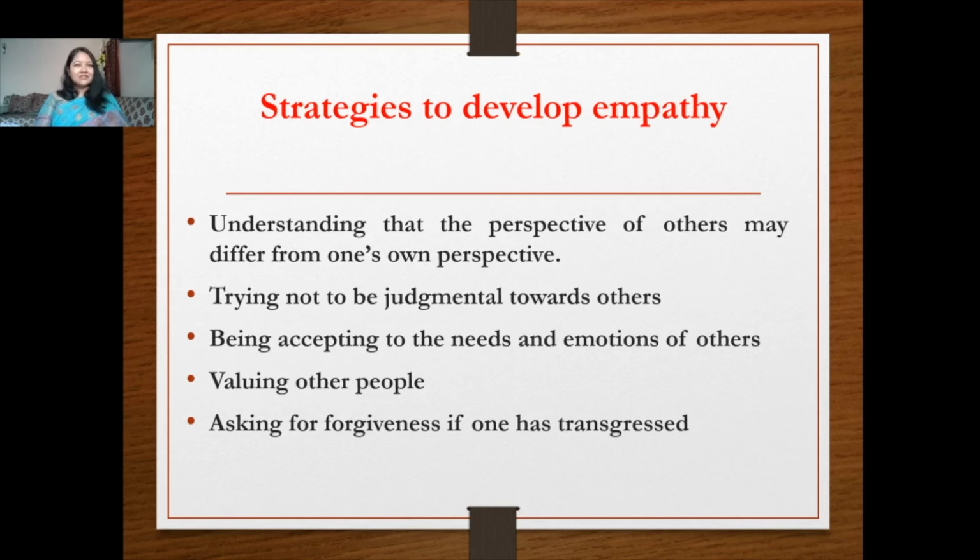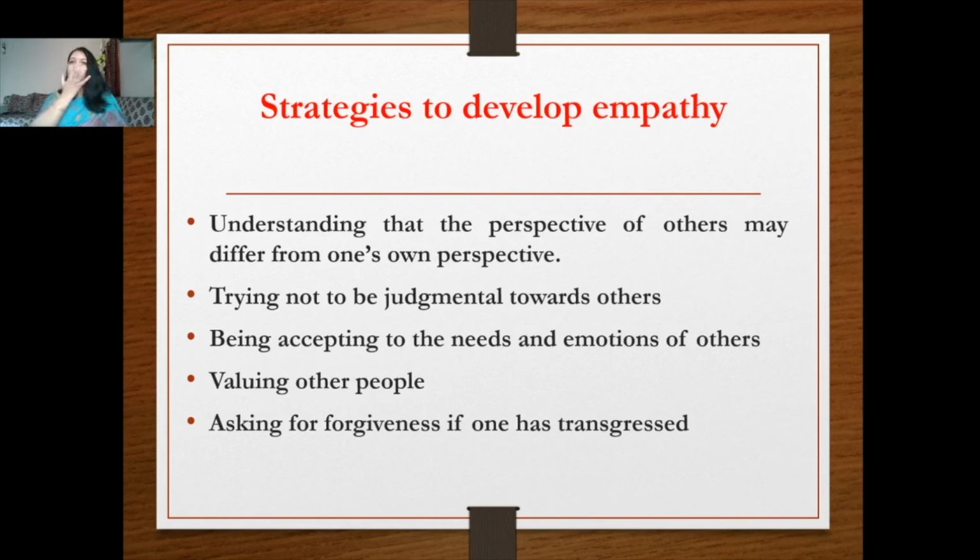Trying not to be judgmental towards others. So we just discussed this, being more accepting, being more open, being accepting to the needs and emotions of others. Okay, so just making a beginning somewhere and trying to understand the concerns, the issues which are ailing other people, valuing other people. I think this is really important.